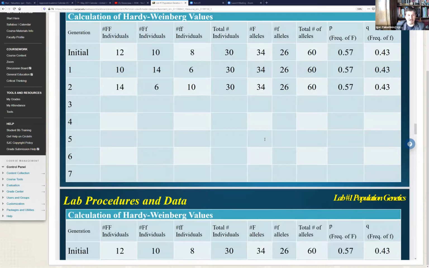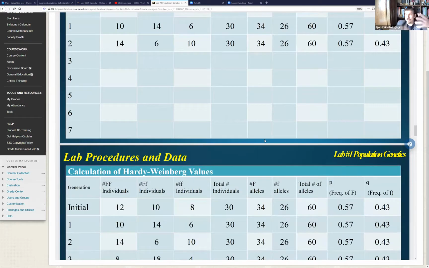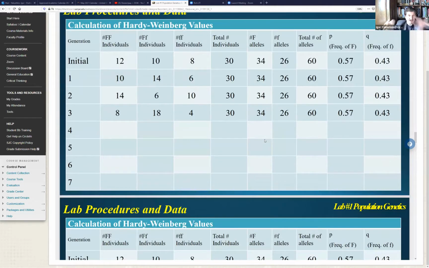So students go again, exchanging genes, rabbits hopping. In this particular case, we have 8 capital F individuals, 18 hybrids, and only 4 lowercase individuals. Changed. But when we're looking at the frequencies, they stay the same.